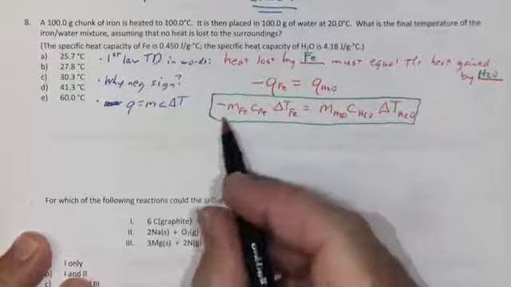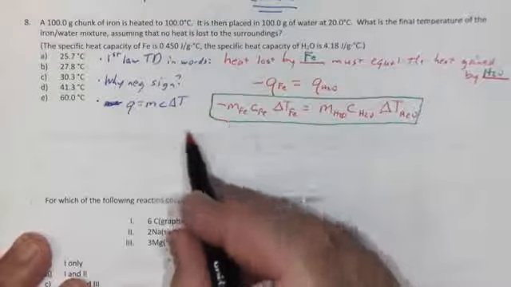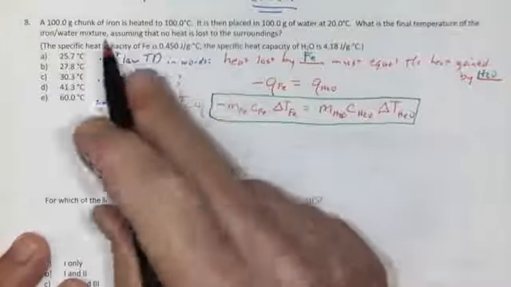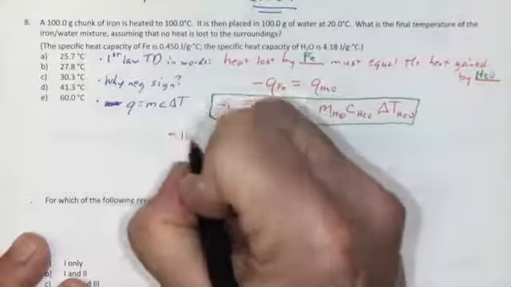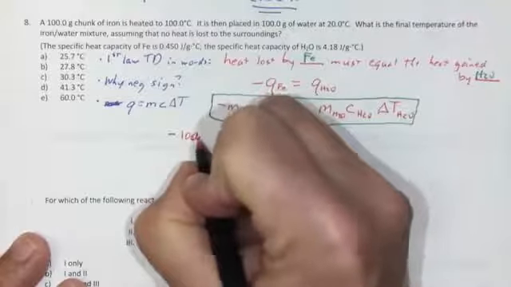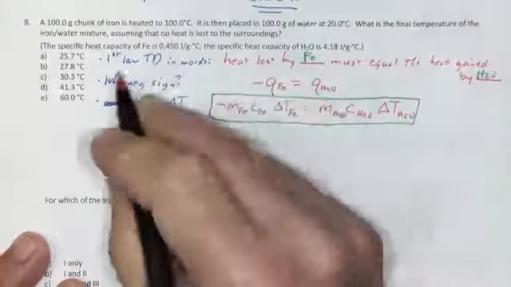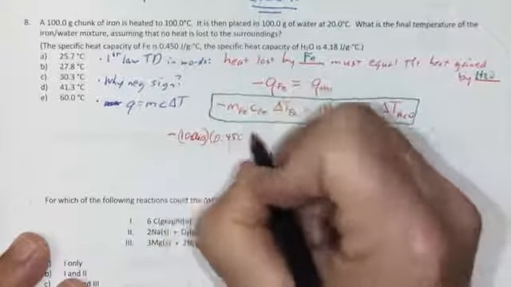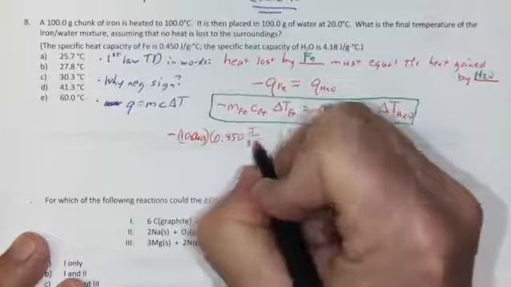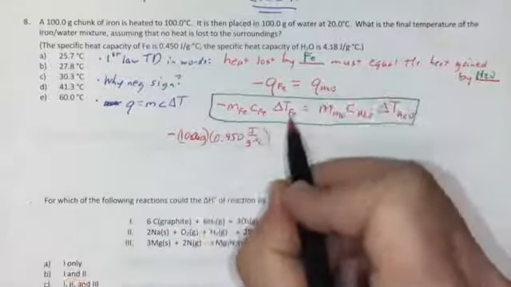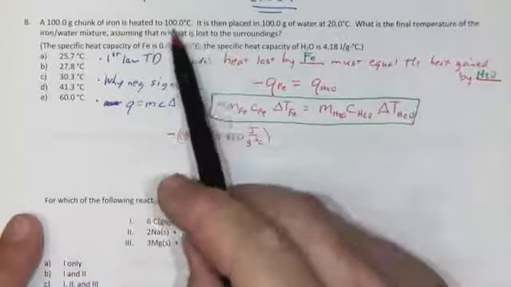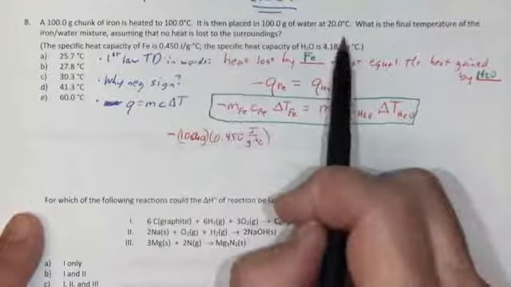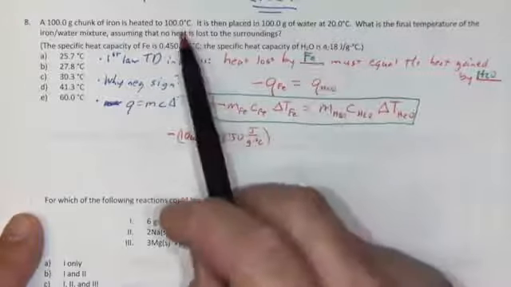As I plug these in, I'll put negative. The mass of the iron is 100 grams. The specific heat of the iron is 0.450 joules per gram per degree C. And for the delta T of the iron, the initial temperature of the iron is 100 degrees C. It's going to get colder, and the water is going to get warmer until they're both at the same final temperature.